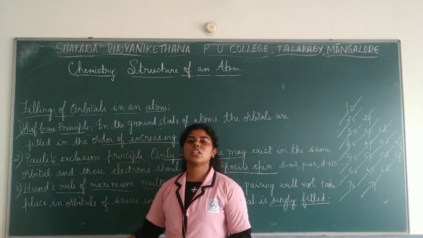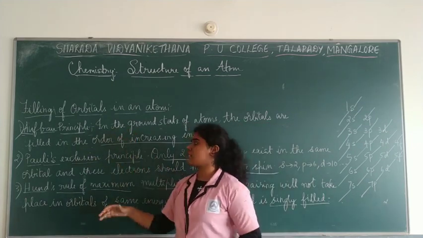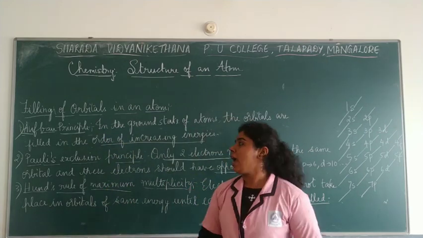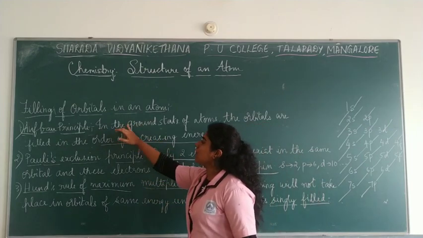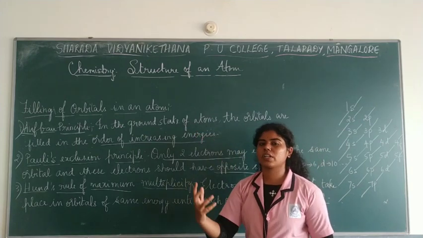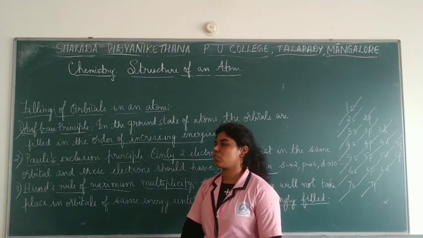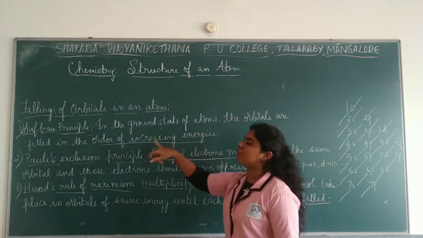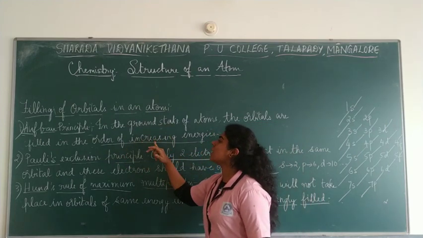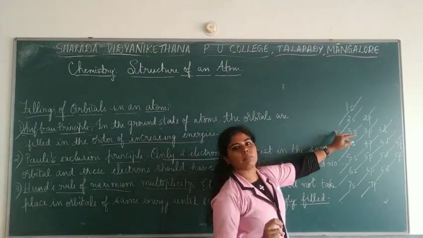Building up means the electrons are filled in different orbitals in the ground state of atoms, which is said to be the stable state. The orbitals are filled in the increasing order of their energies. As you all know, the energy level diagram is given by the diagonal rule.